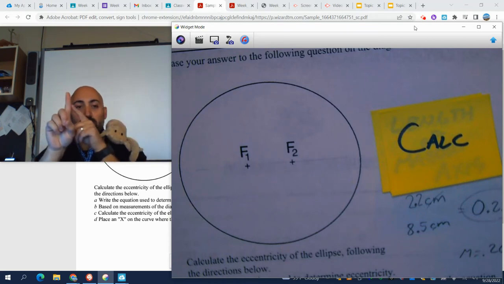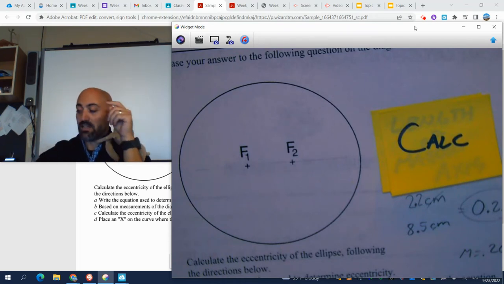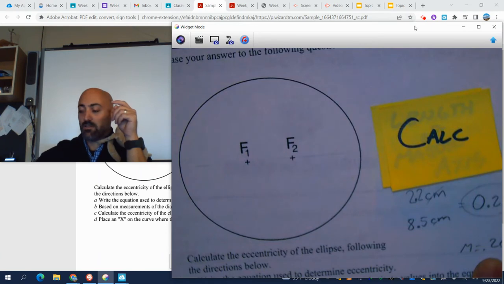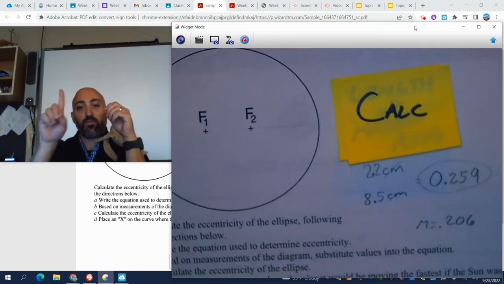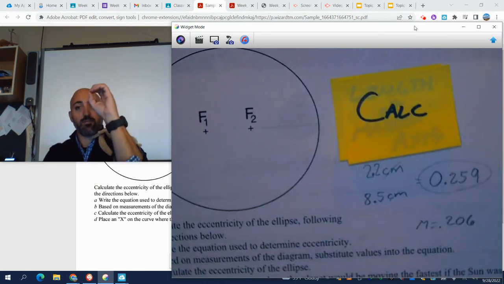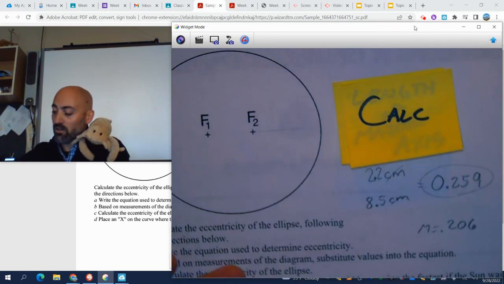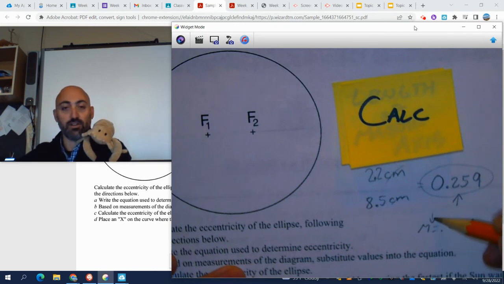So the bigger the number, the closer to 1. That's the biggest number you can get. It's always going to be a decimal. The bigger number, closer to 1, is more elliptical. The number closer to 0 is more circular. So this would be more elliptical, our asteroid, and the planet is more circular, smaller number.